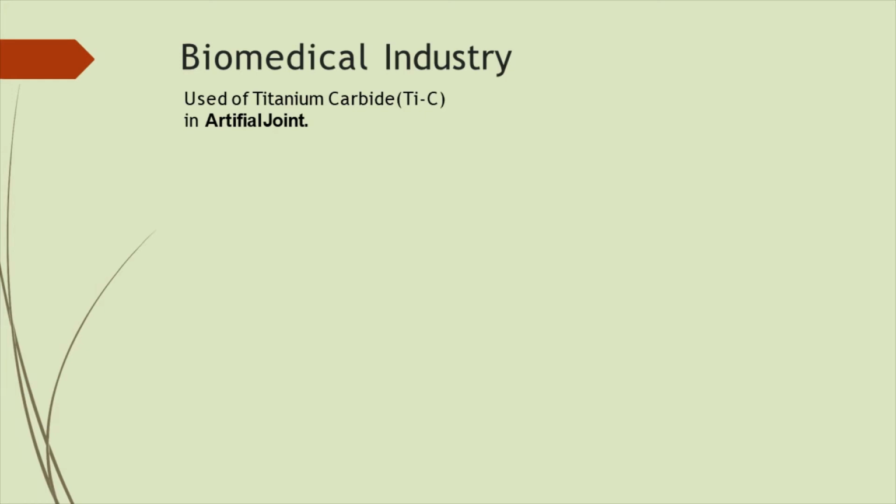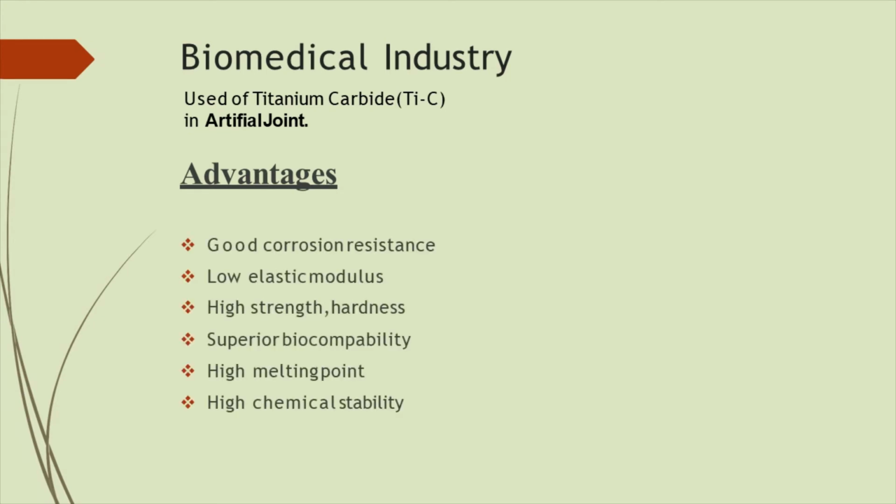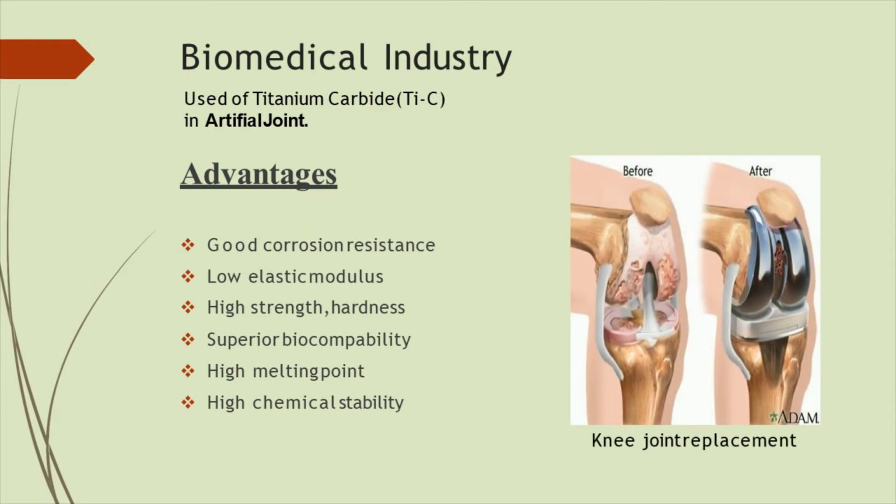Titanium carbide is known as one of the best potential candidates for artificial joints due to its good corrosion resistance, low elastic modulus, high strength, superior biocompatibility, superior hardness, high melting point, and chemical stability. Titanium carbide was considered the first ceramic coating for the functional surfaces in total hip and knee replacement.